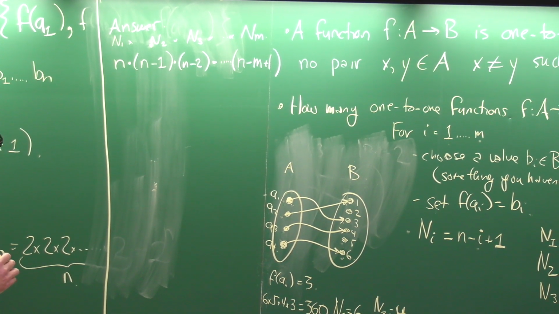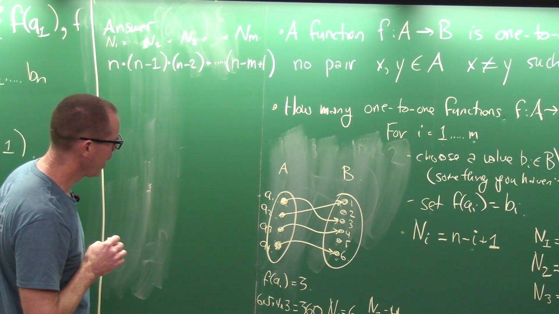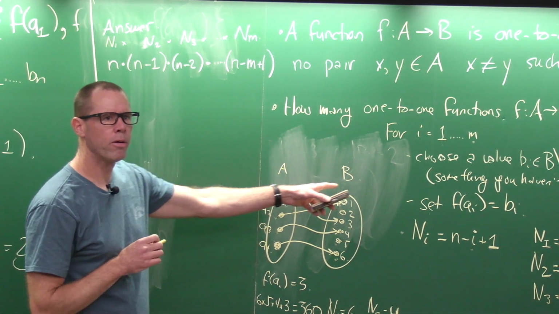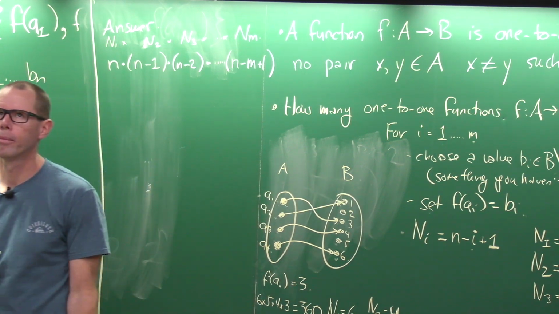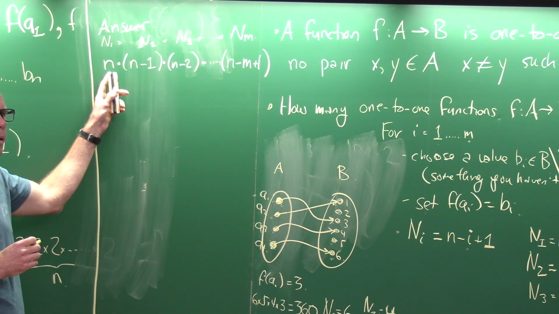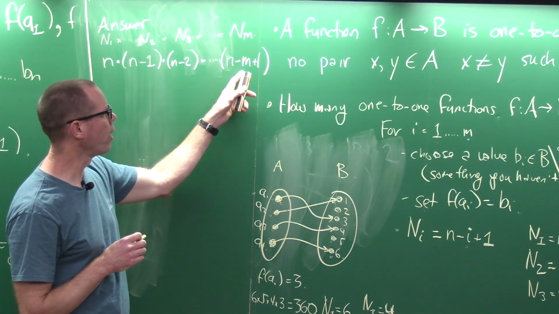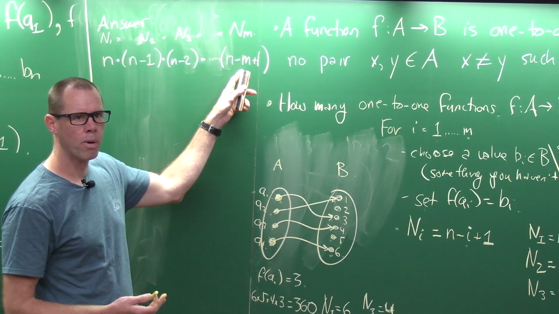And actually, if you think a little bit, if A is bigger than B, then that means we start counting at n, and we subtract 1, subtract 2, subtract 3, and so on, all the way up to subtracting m minus 1.